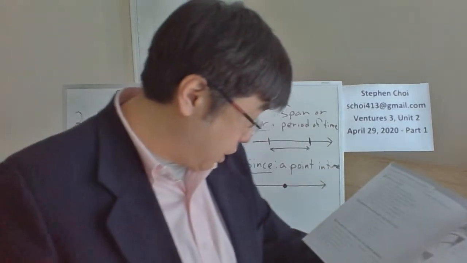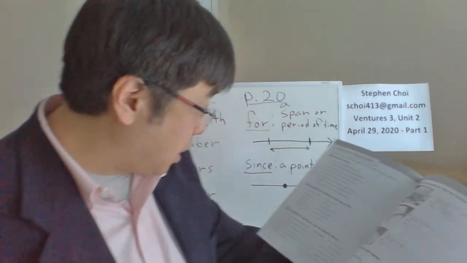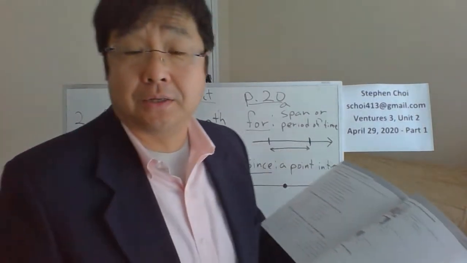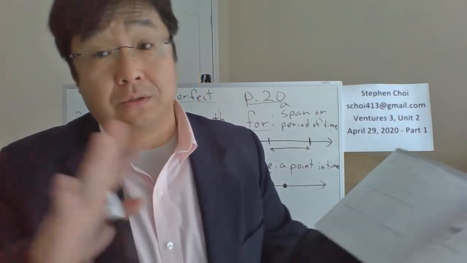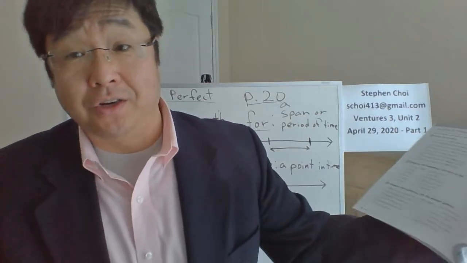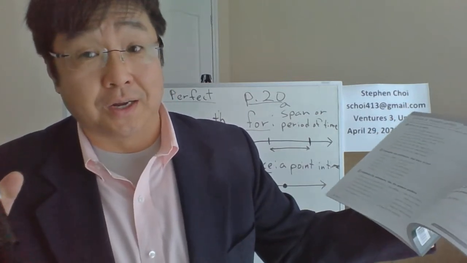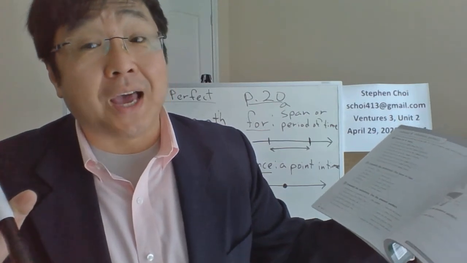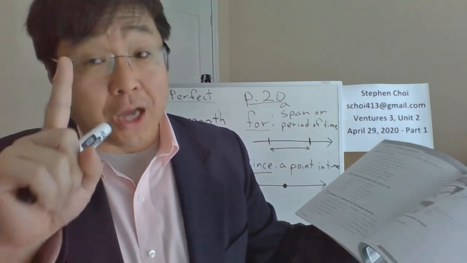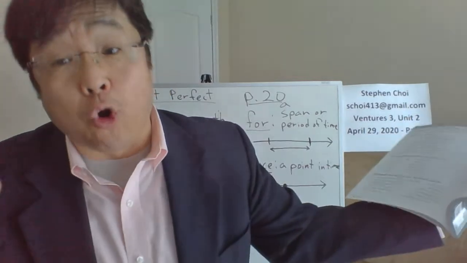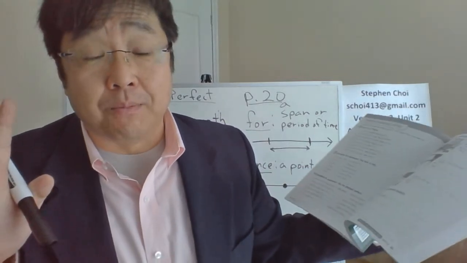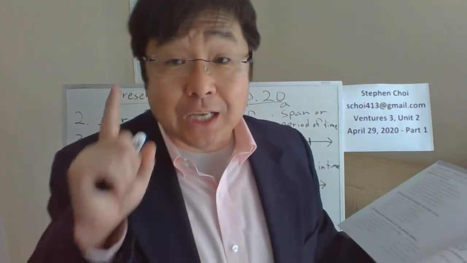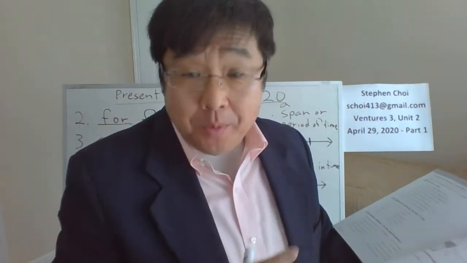All right, number 3. Jasmine has worked in the store last year. Last year is 1 year, right? Is that a span of time? If it said just 1 year, then it's for 1 year, a span of time. But if it says last year, that's one particular moment in time.